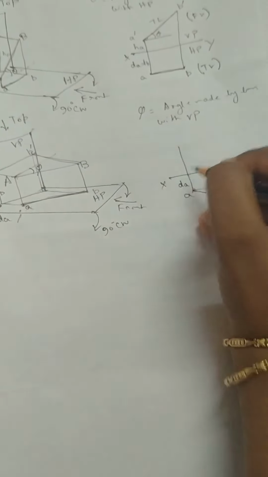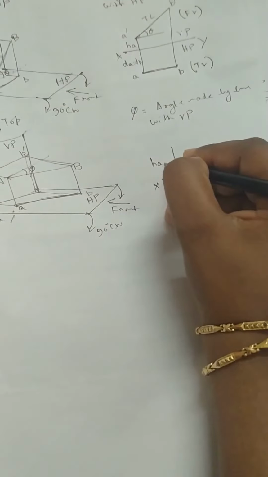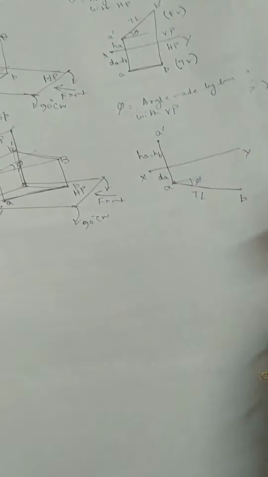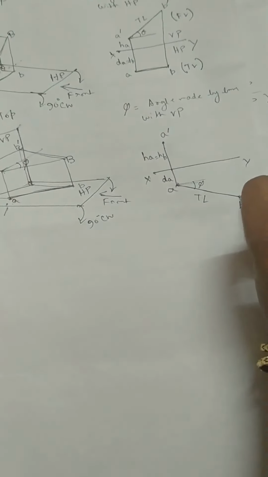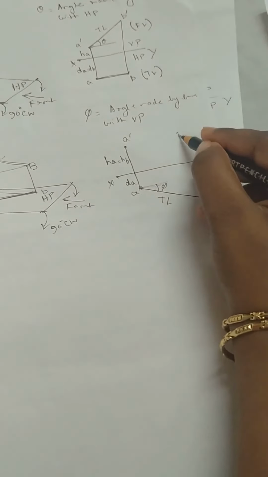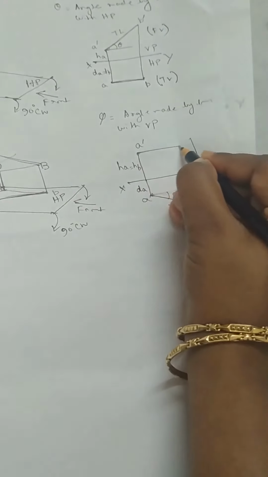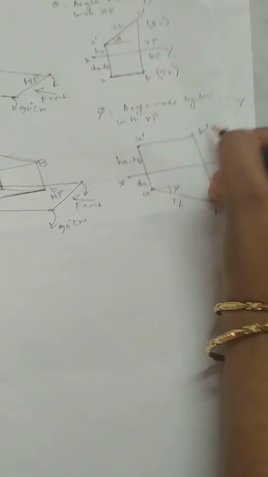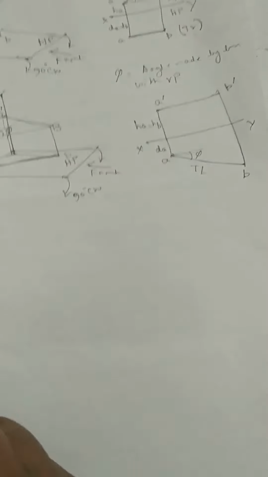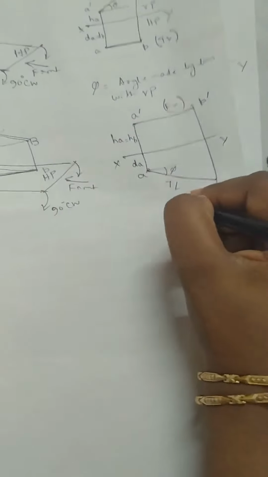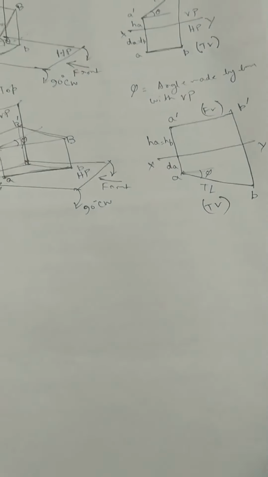Similarly here, if we plot H equal to HB, we will get A dash point over here, and if we extend our B line, we will get B dash point. So this is front view, top view.